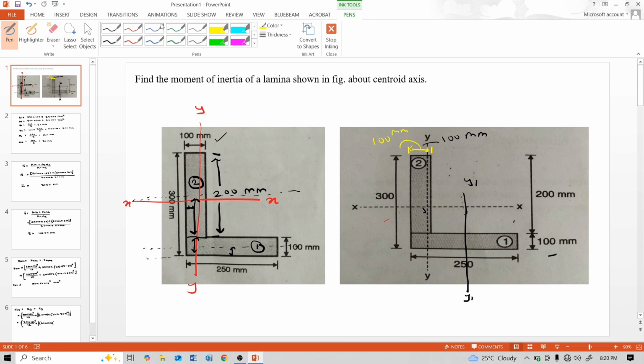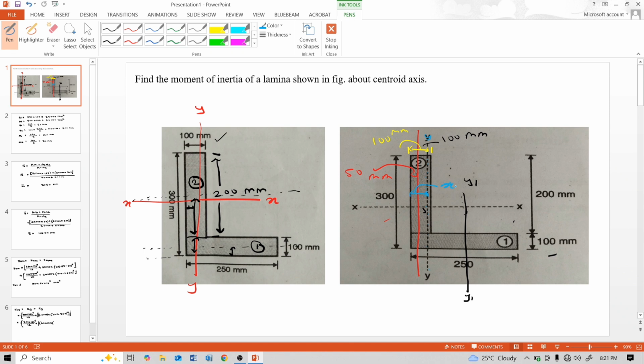And the center of this second vertical rectangle is here. That means 100 by 2, 50 mm. And this dotted y-axis, from this leftward part to this distance is x bar.